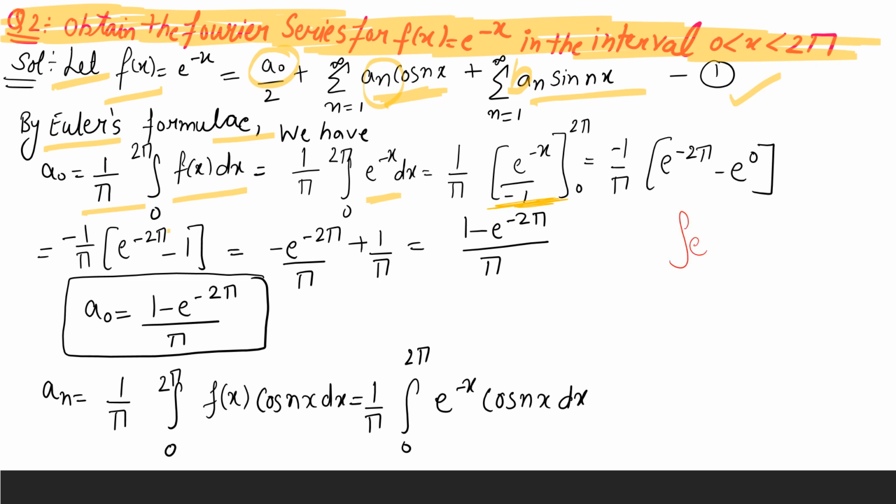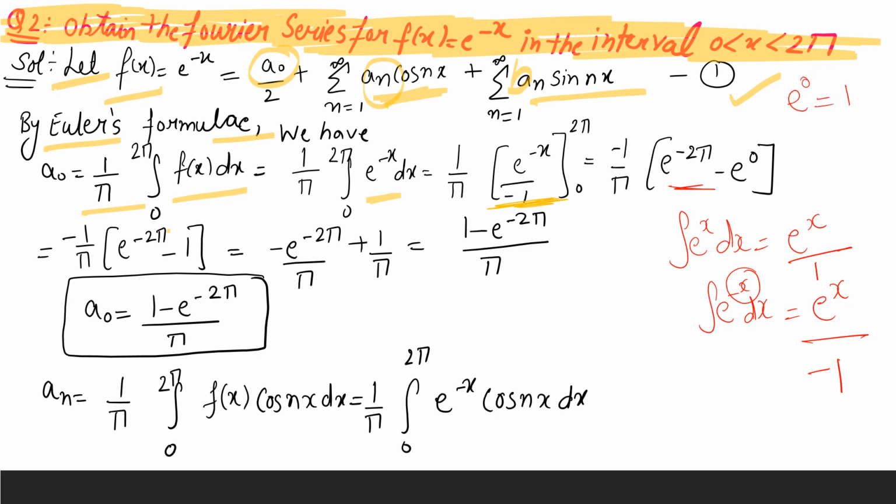When we integrate e^x dx, that will be e^x, and when we integrate e^(-x), the derivative of minus x will be divided by it. So that is e^(-x) upon minus 1, from 0 to 2π. Then we put in the limits, and e^0 is always 1.